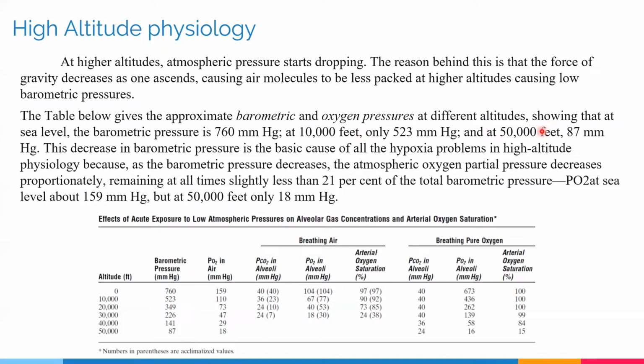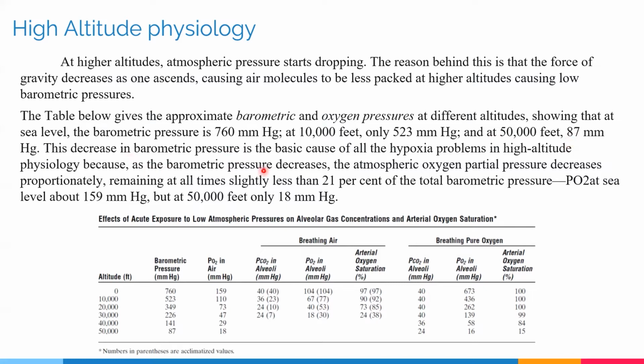This particular table shows the different pressures at sea level, which is shown as 0 feet altitude, and gradually it rises. And we can see that the barometric pressure is 760 millimeters of mercury at the sea level of 0 feet of altitude. At 10,000 feet, the barometric pressure drops down to 523 millimeters of mercury. And at 50,000 feet, it is just 87 millimeters of mercury.